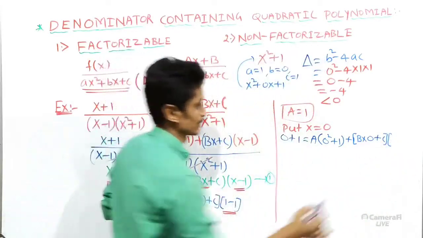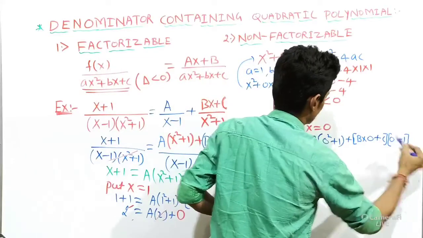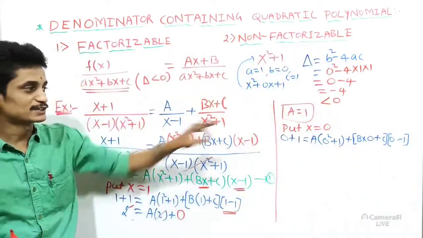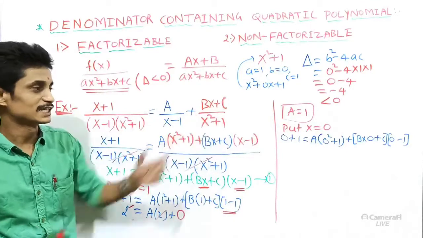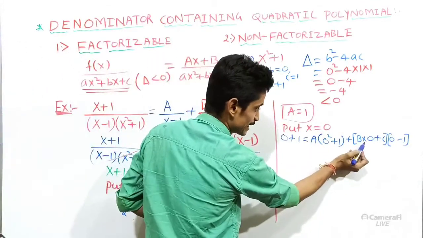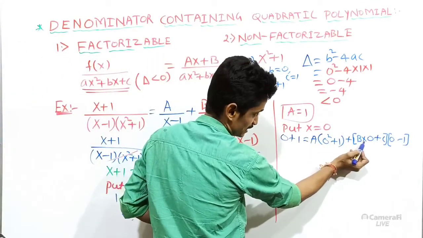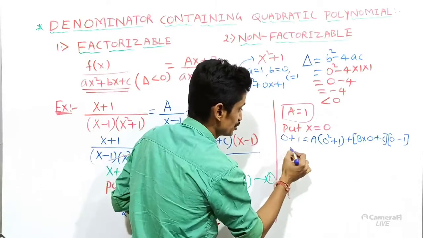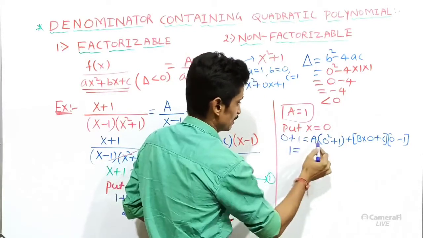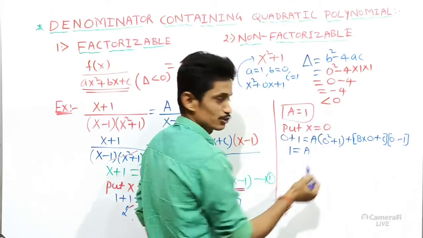Next x minus 1, it means 0 minus 1. Simply I replace wherever x is there with 0. Don't get confused. This is a x, this is a multiplication sign. Now 0 plus 1 is 1. A into 0 square is 0.